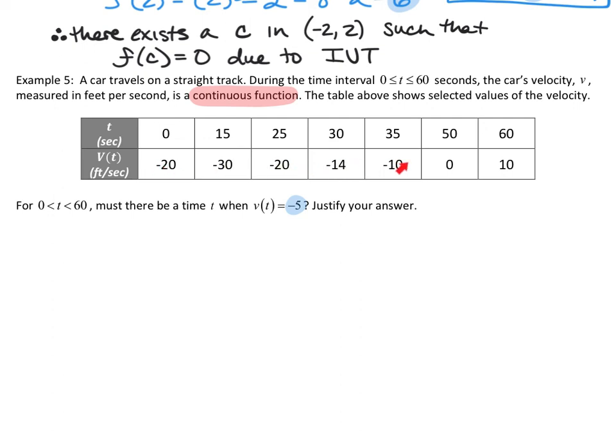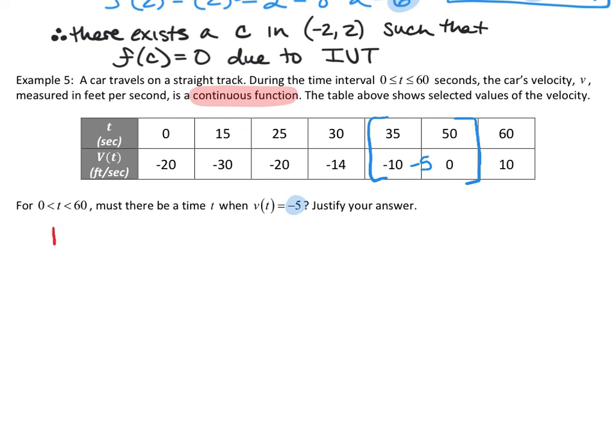First things first, I don't see the number -5 on this table. But I know that -5 would show up about here, somewhere in between 35 and 50, because it would be in between -10 and 0. So to justify saying yes, we say the following.